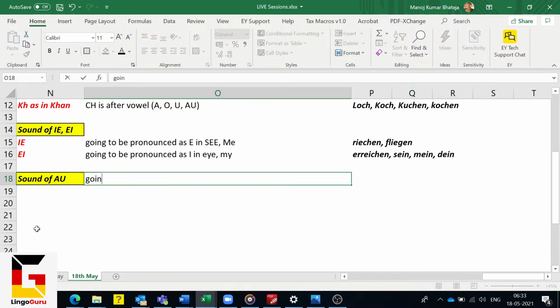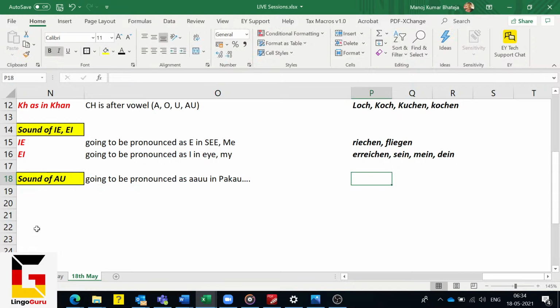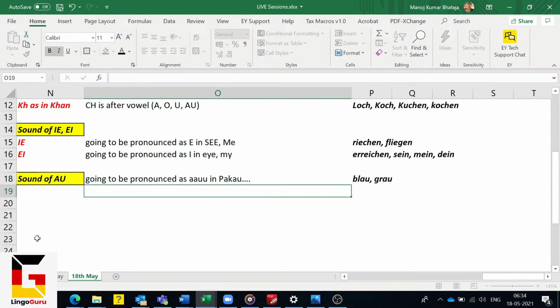It is always going to be pronounced as ow, as in, what is the English word we have? Macau. So the German combination is going to be pronounced ow. Example: blau, grau.